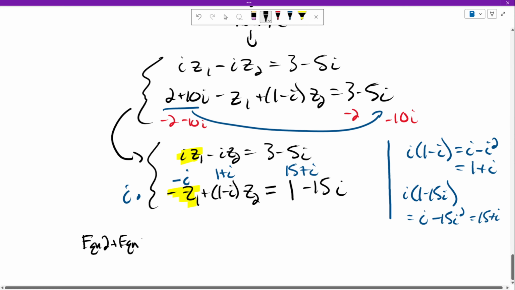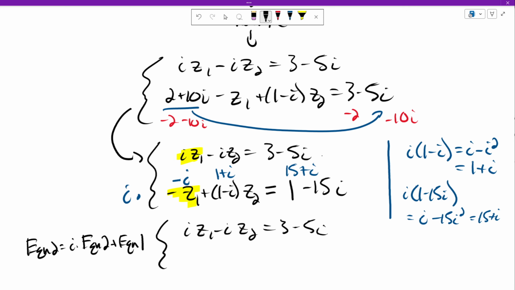All right. Now we're going to add equation 1 to equation 2. Well, i times equation 2. And that's going to be the new equation 2. Okay, so we're going to leave our first equation alone. And I'm going to add the coefficients of the first to our blue coefficients above our second equation.